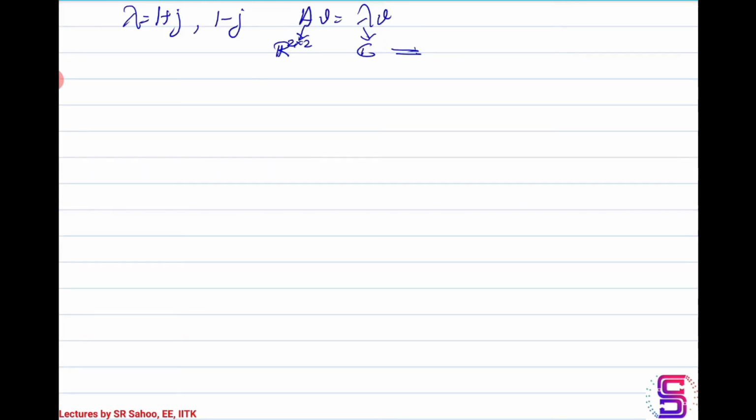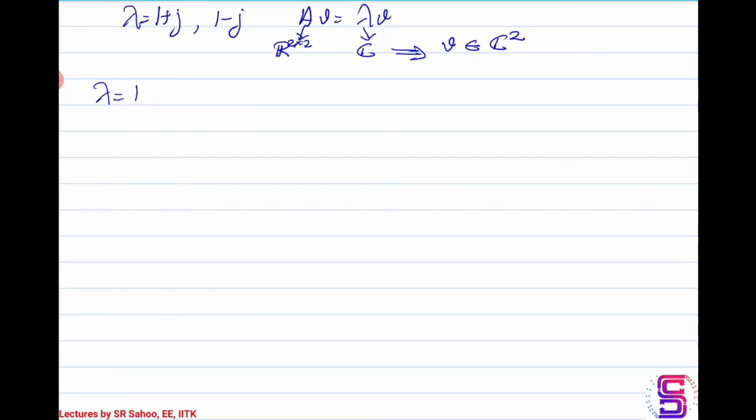So this implies that V has to be a vector in the complex domain. Okay, so it will be a vector whose tuples are possibly complex, all of them. Fine. So how do we solve for such cases?